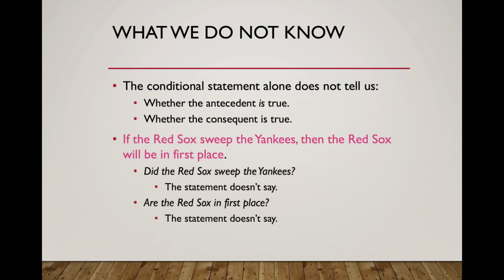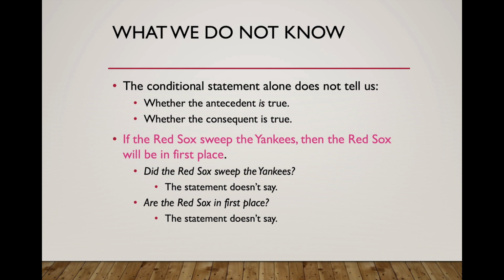So if I say, if the Red Sox sweep the Yankees, then the Red Sox will be in first place. But if we just look at that statement, which is a conditional statement, and we see there the logical operator if-then, we see the antecedent, the Red Sox sweep the Yankees, we see the consequent, the Red Sox will be in first place, right? But we do not know whether the Red Sox beat the Yankees.